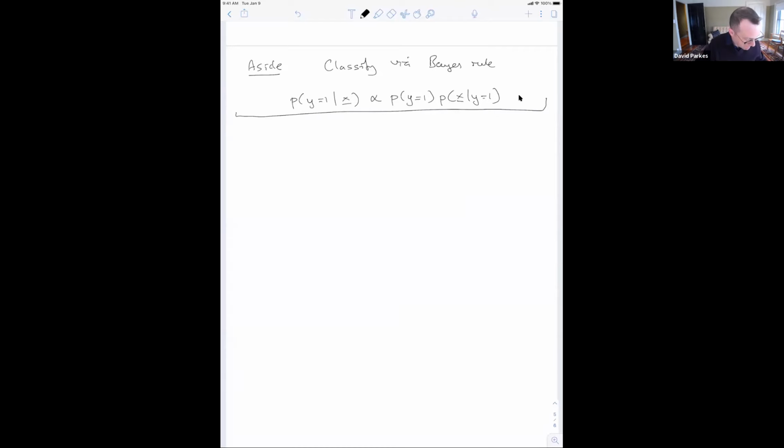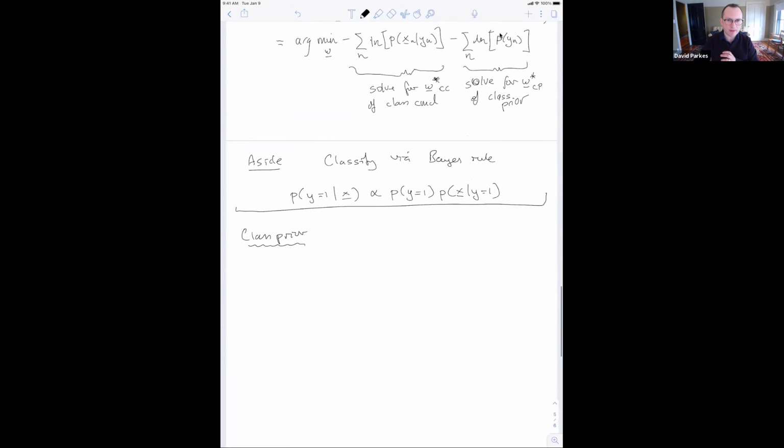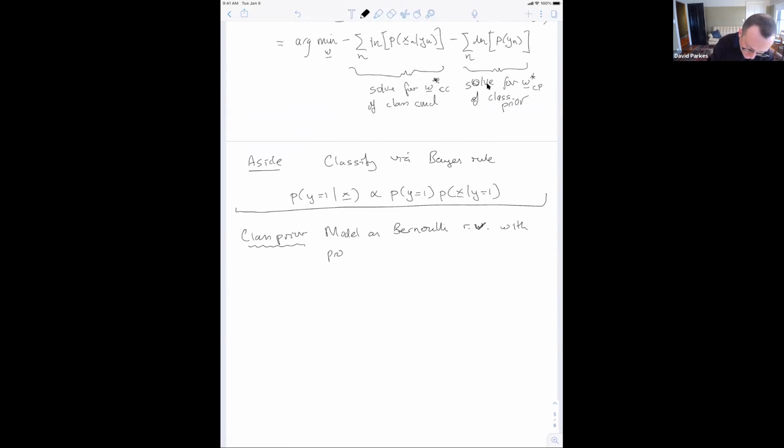All right. So I want to first of all just talk about the class prior. That was this part of the model. And remember I said that we're just going to model this as a Bernoulli random variable with probability theta.